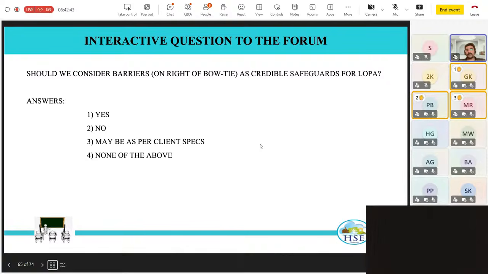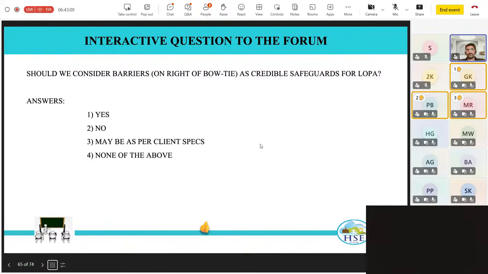So he can either automate the inlet ESD valve to shut based on fire and gas detection, or he can also use that same fire and gas detection signal to trip the supply pump. In both these instances, this IPL or this barrier, this fire and gas detection system, which is essentially a mitigative barrier, can be used as a protection layer because it is cutting off the hydrocarbon supply to the fire.